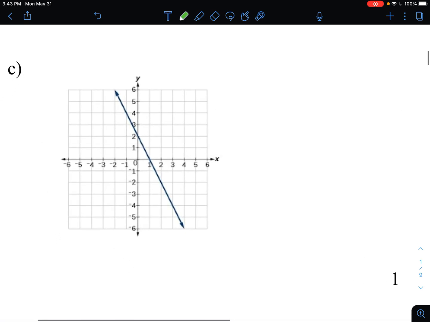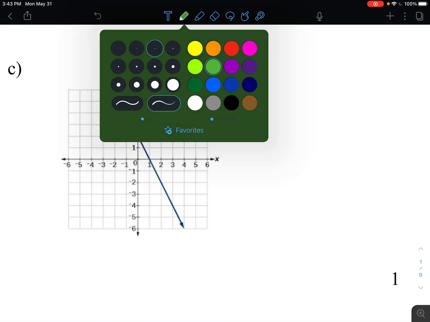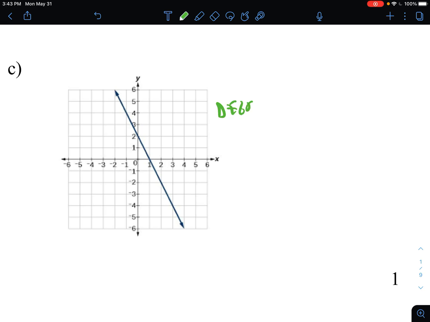Here, well, this is a line. Lines are polynomials of degree 1. There's an x, but it's not raised to a power. And here we could actually calculate this. The slope is negative 2. The y-intercept is 2. So that leading coefficient obviously is negative.